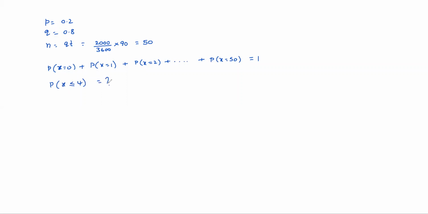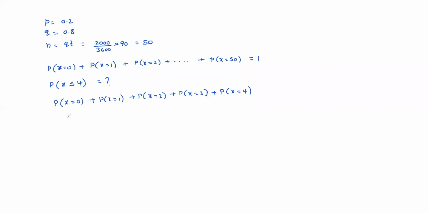No more than 4 means less than or equal to 4. That means we need to find probability of x equal to 0 plus probability of x equal to 1 plus x equal to 2 plus x equal to 3 plus x equal to 4.